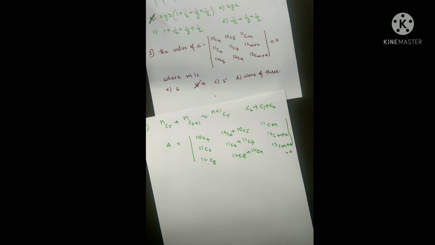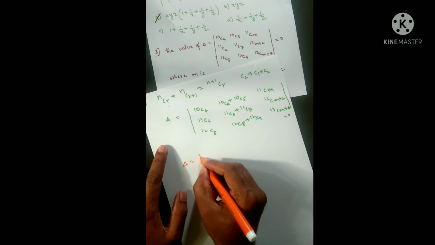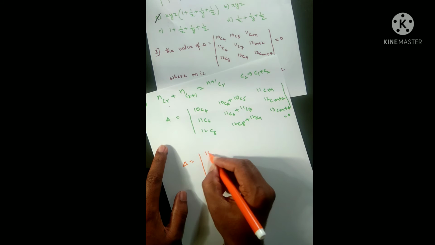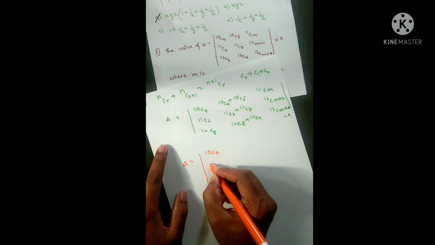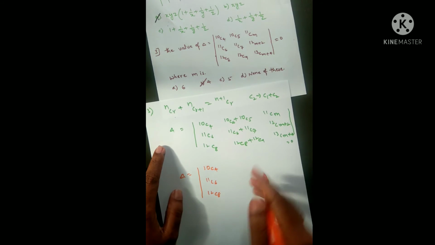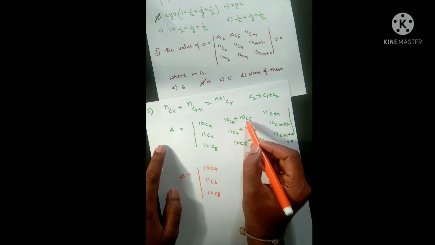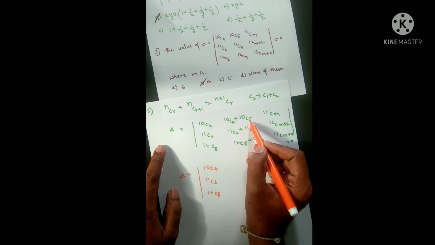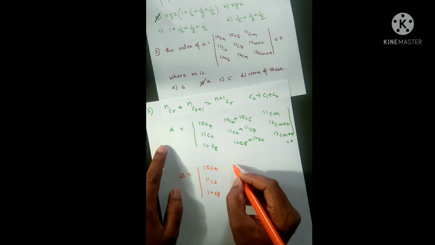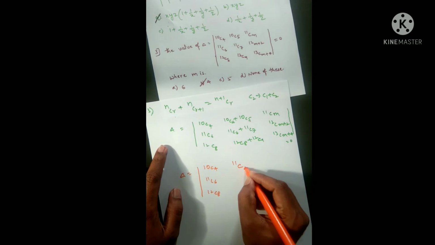Okay. Now this becomes, using that property, 10C4, 11C6, 12C8. Using this property, what can we write? 10C4 plus 10C5, or this is r plus 1, that is 11C(r+1), where r is 4 here, 11C5.